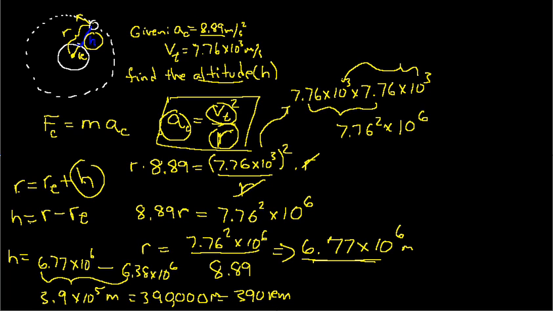The height then you get by taking this distance r minus the radius of the Earth. And I should have put it up here, but the radius of the Earth was this 6.38 times 10 to the 6 meters. Okay? So that's about it, and wish you guys luck, and we'll see you soon.